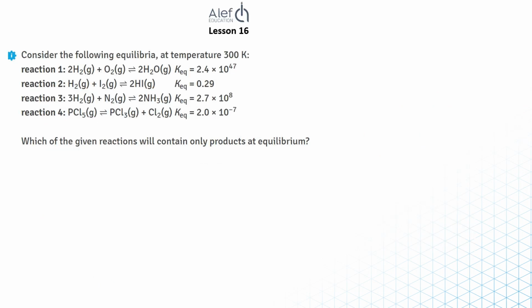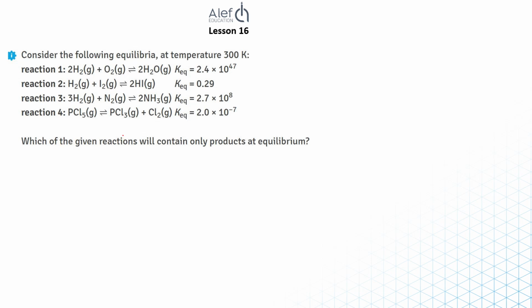Now, consider the following equilibria at temperature 300 Kelvin. Okay, you have reaction 1, reaction 2, reaction 3, and reaction 4. Which of the given reactions will contain only products at equilibrium?